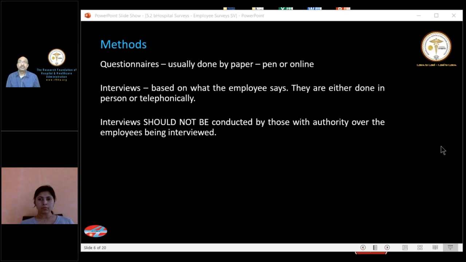Essentially, if I have to take something from you, and this interaction has the potential to annoy the HR department or the hospital leadership, then there is an element that my benefits might get stuck, so I will give an answer which suits the situation. So then the unbiased opinion obviously will not come forth.